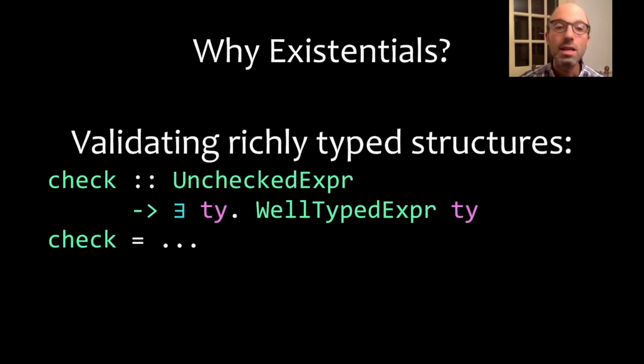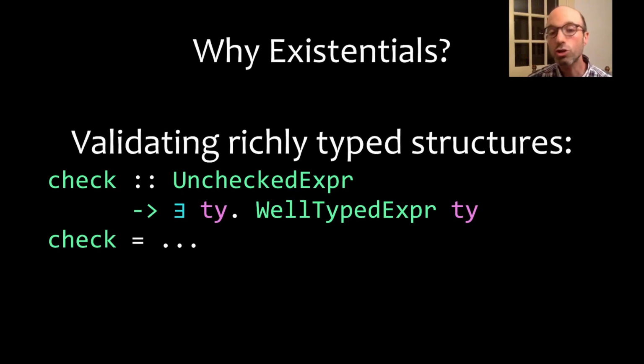Another example. Let's say we want a richly typed data structure. So here we can imagine a data type WellTypedExpr, which holds abstract syntax trees for some little programming language, and we want 1 plus 2 to be a valid WellTypedExpr, but not 1 plus bool. In order to describe such a thing, we need to actually index the data structure with the type, so that the representation for true would be known to have type bool, and the representation for 1 would be known to have type int.